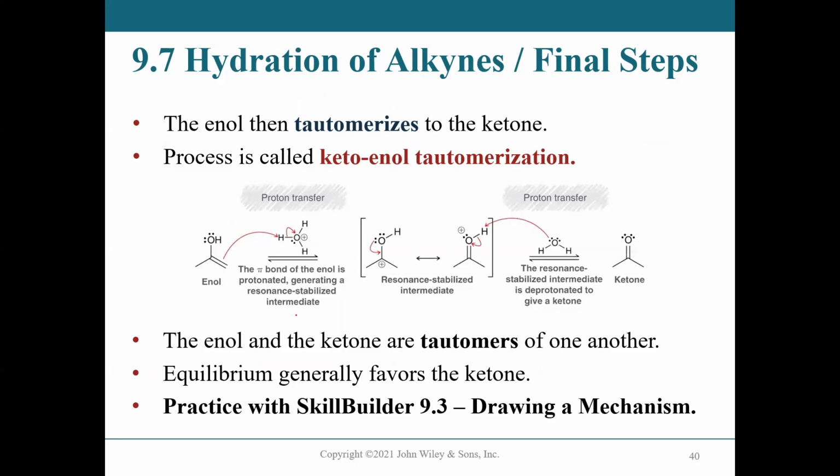So let's just think about this. The enol and the ketone are tautomers. If one another, equilibrium generally favors the ketone. And that's due to the ketone being more stable than the enol. But you can go either way. So this could be protonated here.